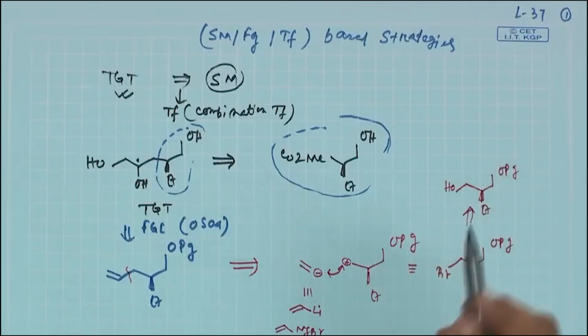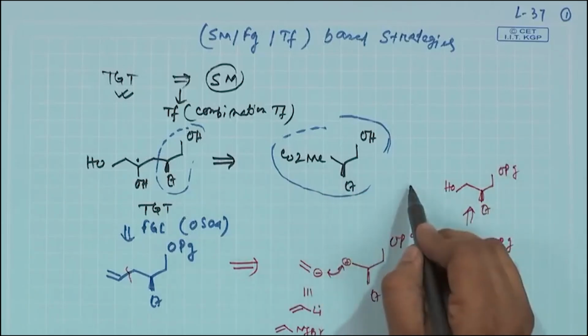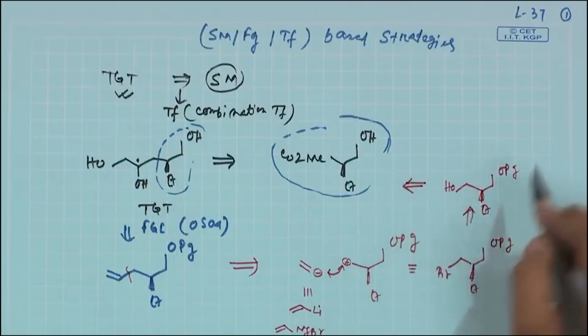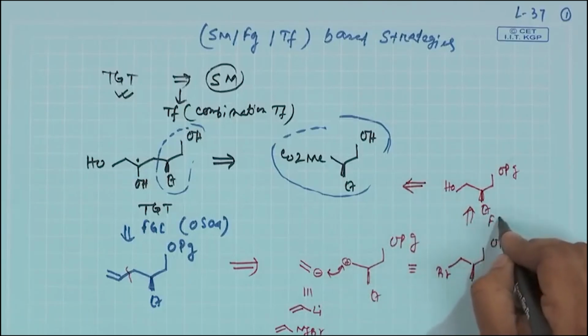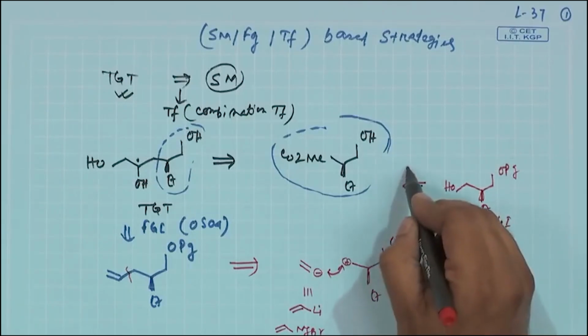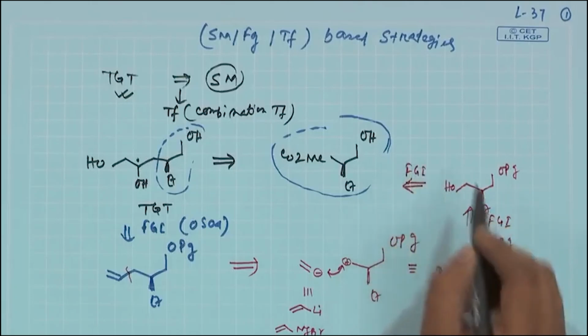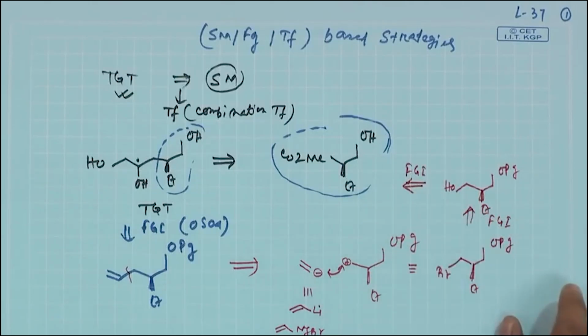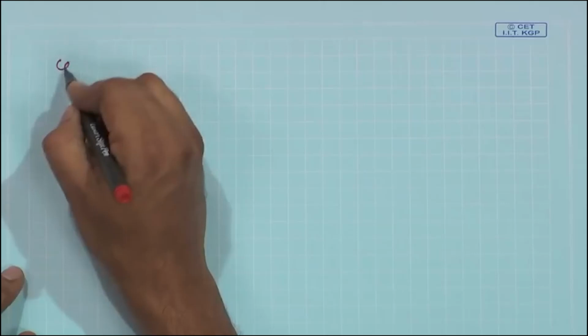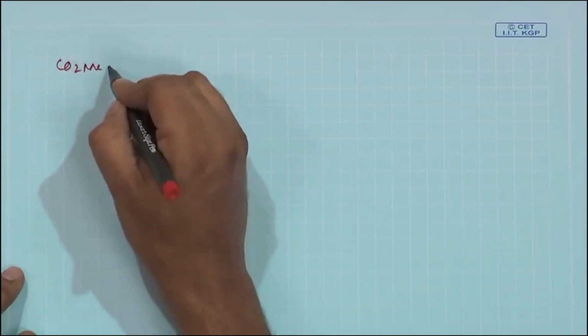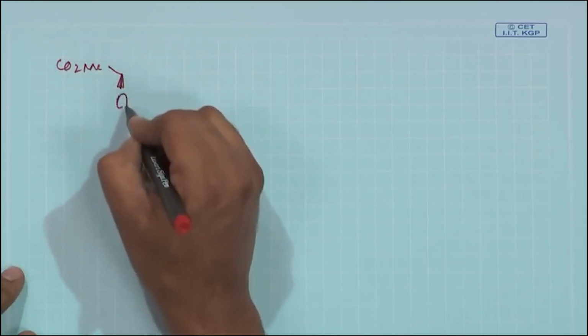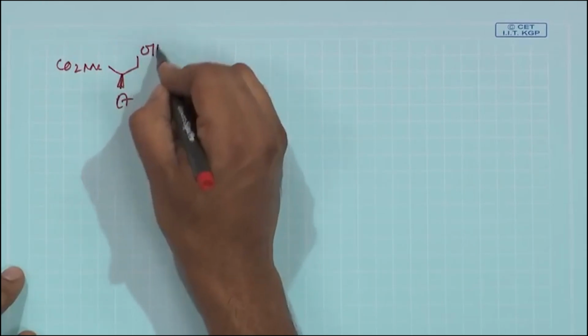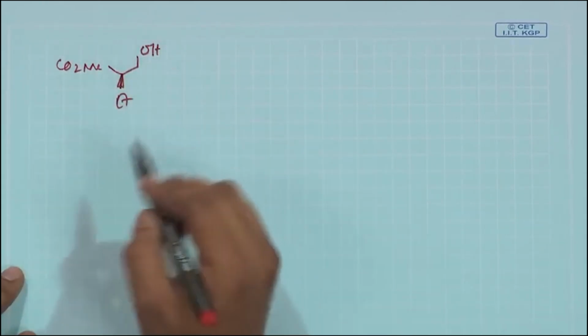Okay. And now see, the starting material was given as an ester, a methyl ester. So, the methyl ester can be converted through a reductive cleavage or a simple FGI to the corresponding OH. So, the starting material is basically here. Now, as I said initially, we need to protect the free hydroxy group. So, your starting material is this and you have this hydroxymethyl compound.